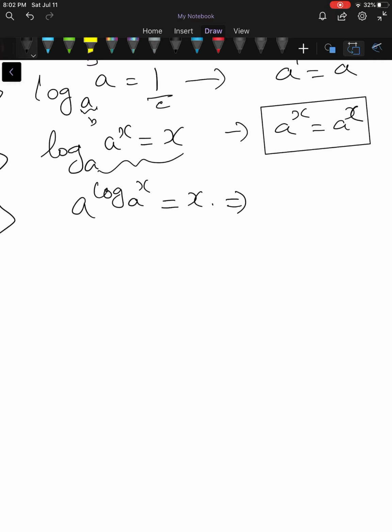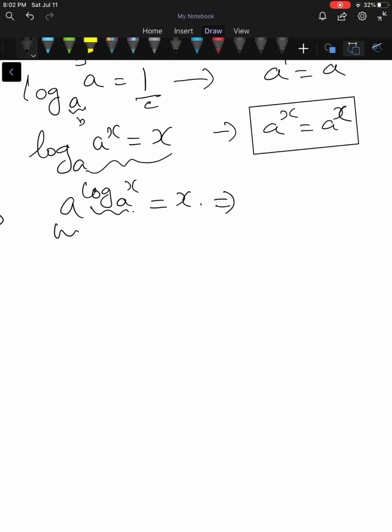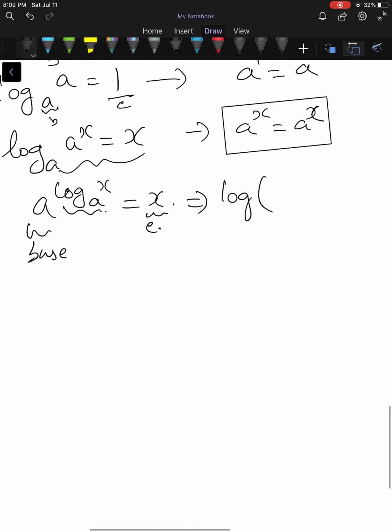And what happens here? Here you have a to the power of something in the exponential form. So a to the power of log x is equal to x. If you express this in logarithmic form, this is the base, and this is the exponent. So you get log of base a, and the exponent should be written here.